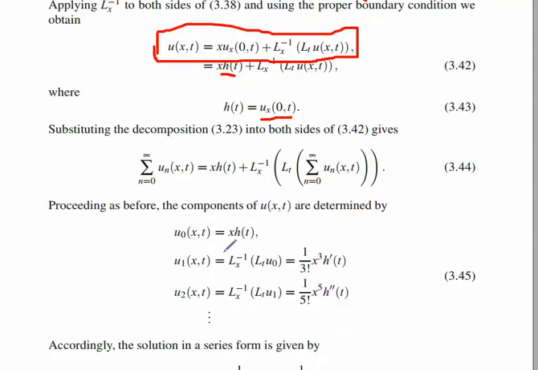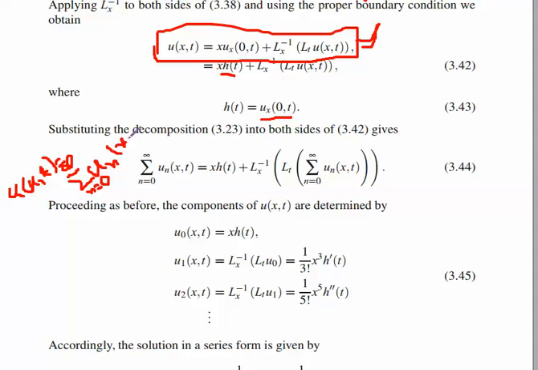The next step in this method is to transform the above equation into a series form, where u of x, t is equal to the summation, starting from 0 and ending at infinity, of u_n of x, t.